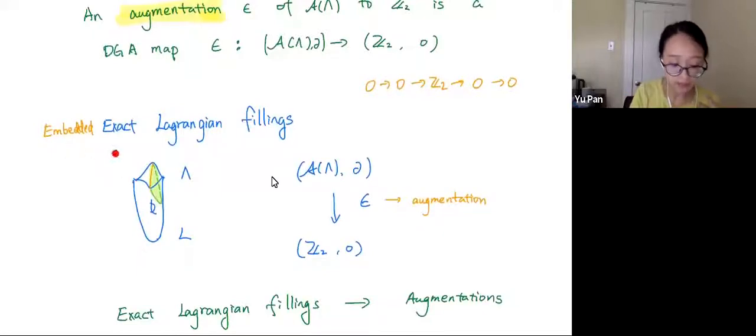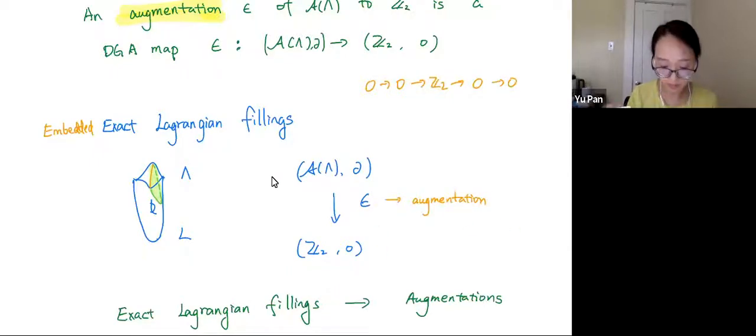So given an embedded exact Lagrangian filling, by the functoriality of DGA, we actually get a DGA map from the DGA of lambda to the DGA of empty. And the DGA of empty is actually the DGA with only the coefficient, but nothing else. So that's just the ground DGA. And what we get here is exactly an augmentation.